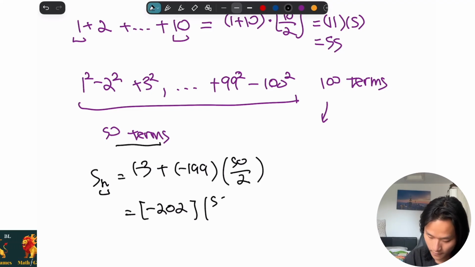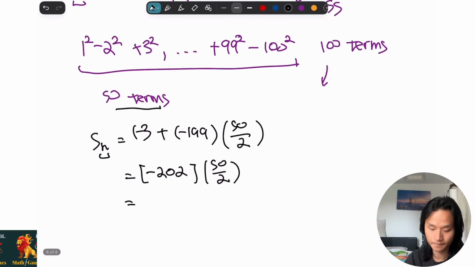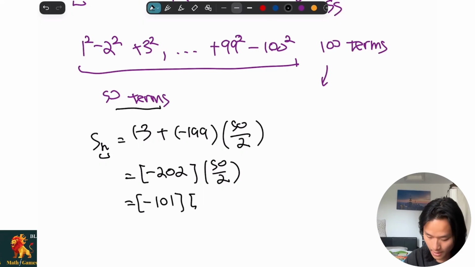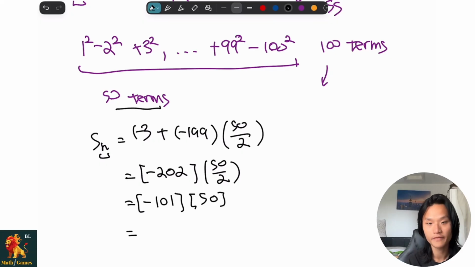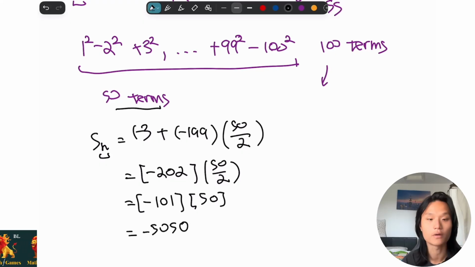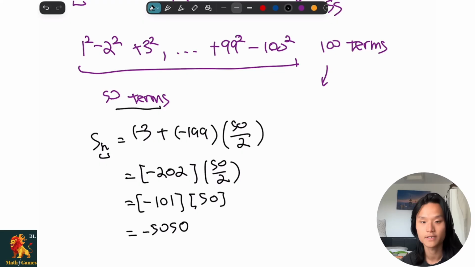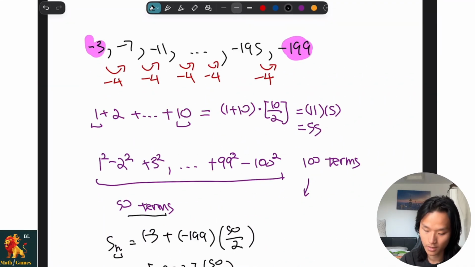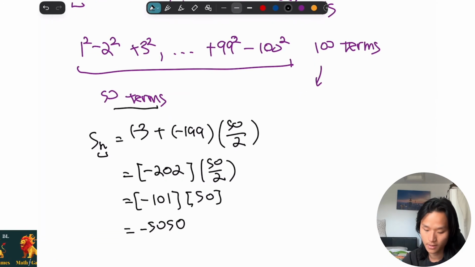Then 50 divided by 2 is 25. So we get minus 101 multiplied by 50. So we multiply everything by 5 and then add an extra 0 at the end. So minus 5050. So minus 5050 is the sum of our question.